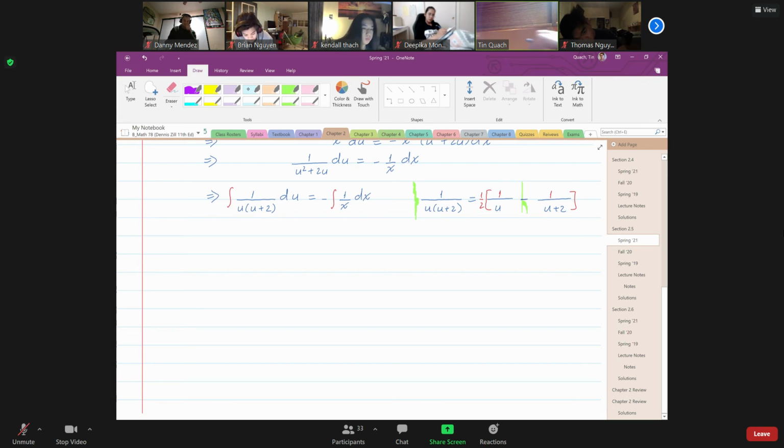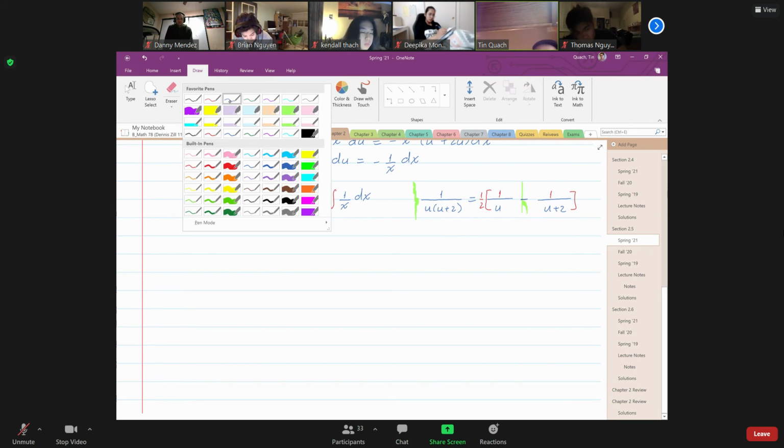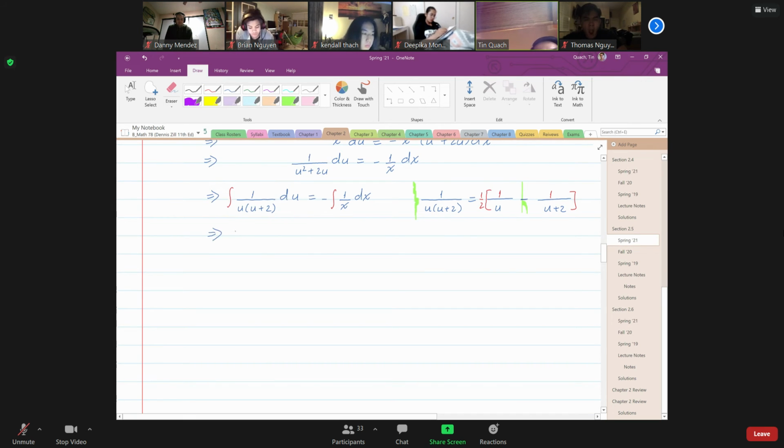Now on the left-hand side, I have 1/2 times the integral of 1 over u minus 1 over u plus 2 du. And on the right-hand side, I get negative ln of the absolute value of x plus a constant.